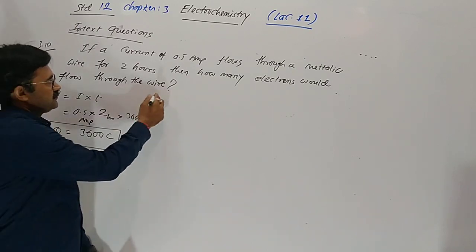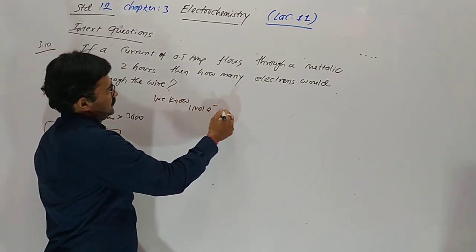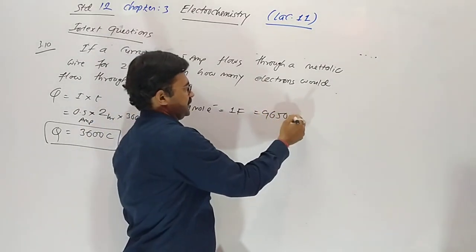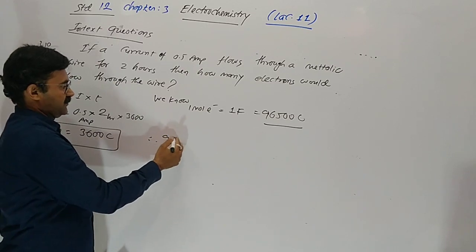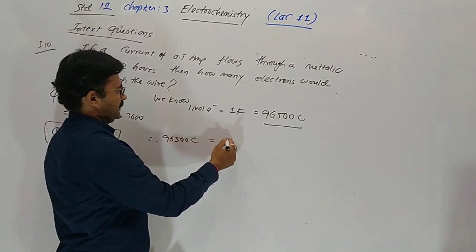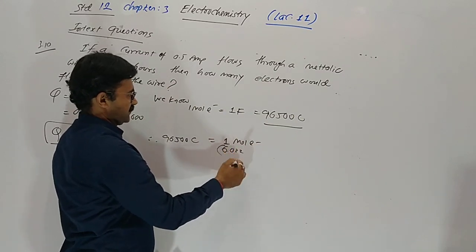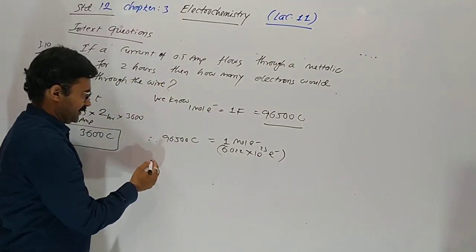Now we know 1 mole electron is equal to 1 Faraday is equal to 96500 Coulomb. So 96500 Coulomb equal to 1 mole electron means 6.022 10 raised to 23 electrons.